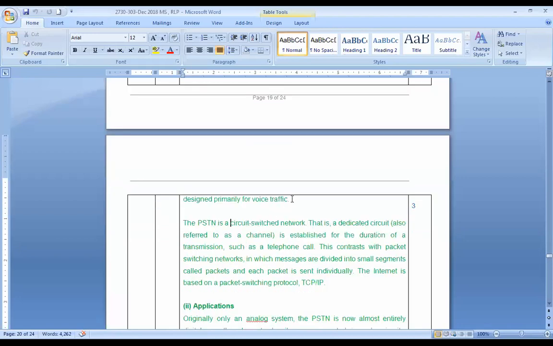So this PSTN was built for carrying only voice traffic, but not data. Data was not at all in mind. Hence, previously we used to have a very minimal connection, wherein BSNL used to provide landline based internet connections, where we had to connect, and it used to give all sorts of sound. I don't know how many of you are aware of that, right?